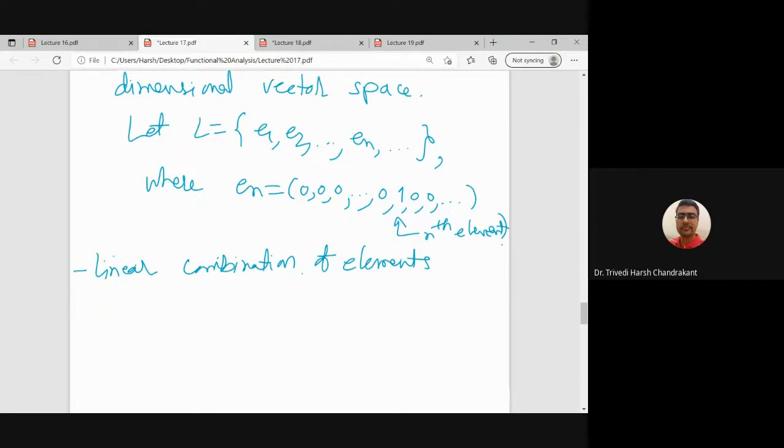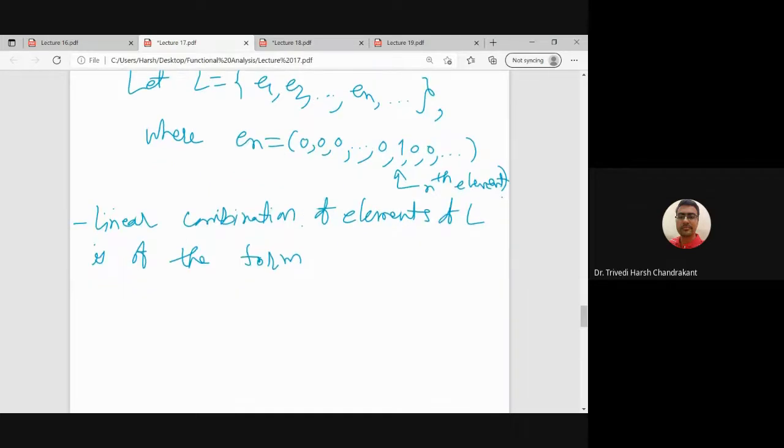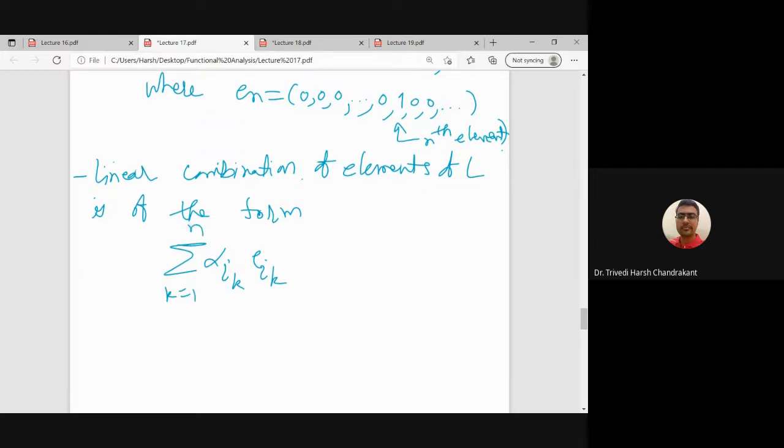Whenever we discuss the definition of basis, we take a finite linear combination of elements of L, which is of the form summation alpha i ei. But these i are not necessarily e1, e2, en. They may be any of the e's. So we write summation alpha ik e_ik, where k runs from 1 to n, right?